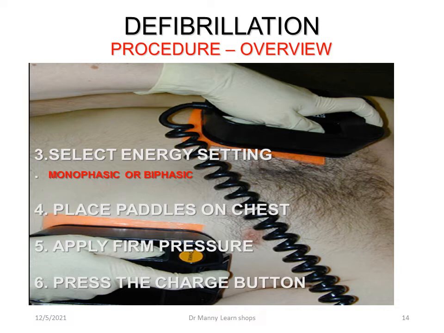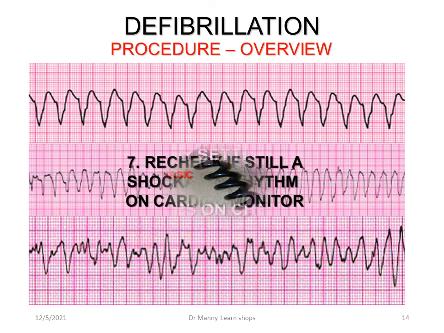You place the paddles on the chest. You apply firm pressure. You press the charge button. And then, before you proceed, recheck to see if the rhythm is still a shockable rhythm. VT, VF. Not bradycardia, not asystole, not pulseless electrical activity.